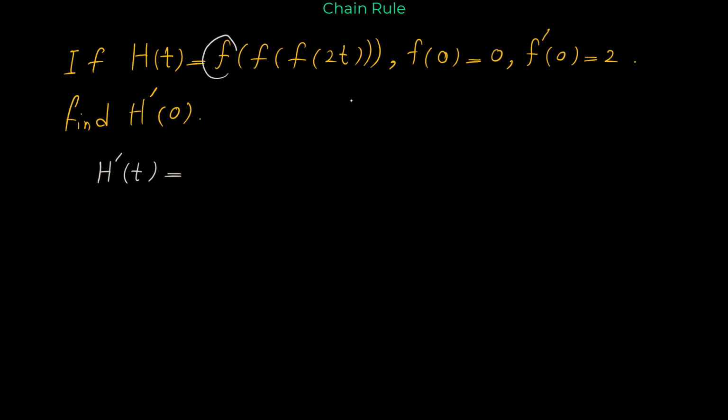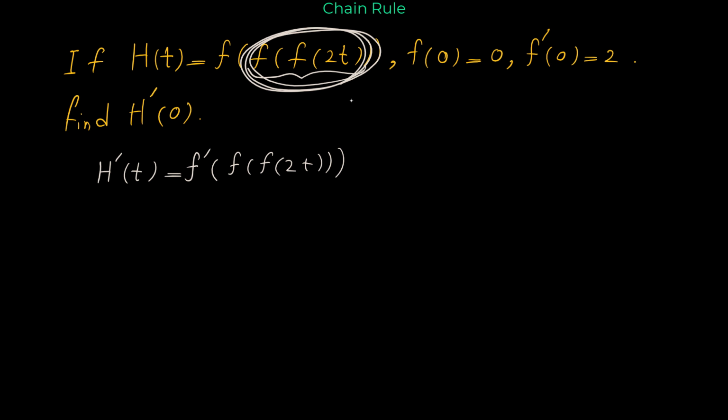Here f is the outside and this is the inside. Based on the chain rule, first we have to find the derivative of the outside function. So we have f prime of, leave the inside, copy whatever is inside the bracket, and then we have to take the derivative of the inside.